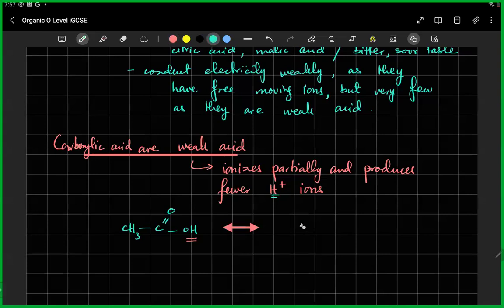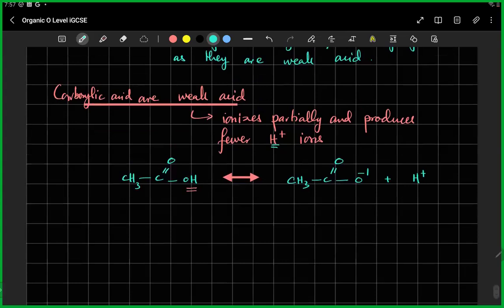So it forms CH3COO minus, और ये जो O है, ये अकेला रह जाता है, and the H plus leaves. So it's always the OH's H. You have to remember this, but whenever you see a carboxylic acid, ये जो last H है, that's the one that simply breaks away, and it ends up forming an H plus ion. तो ये ethanoic acid है. So it ends up forming an ion which is known as ethanoate.